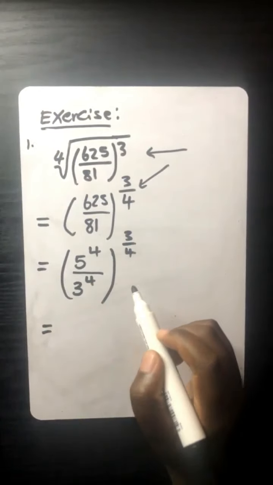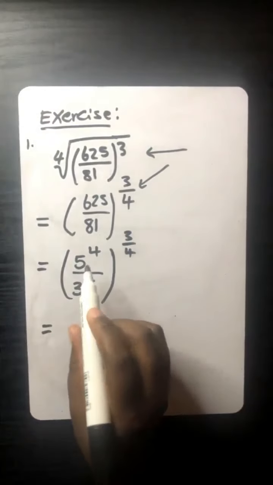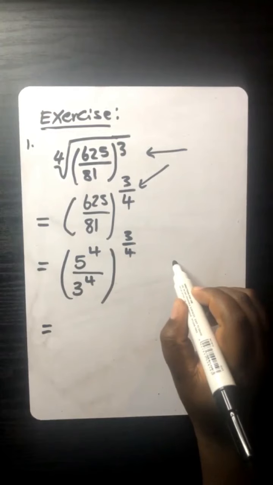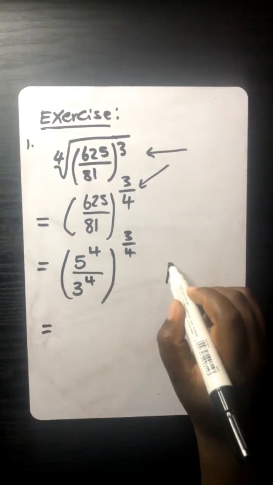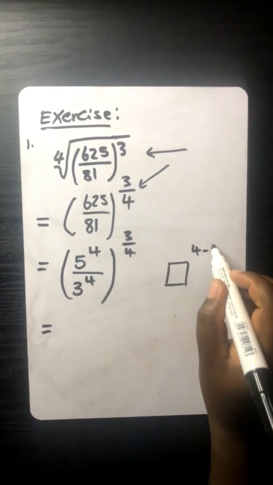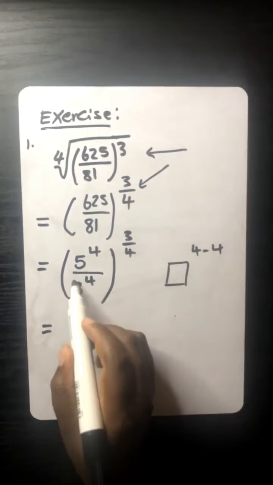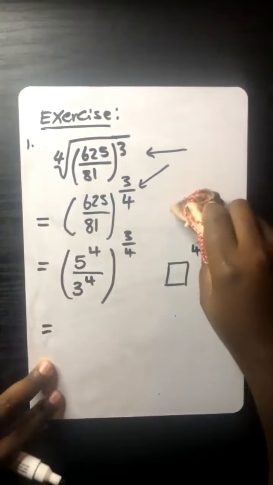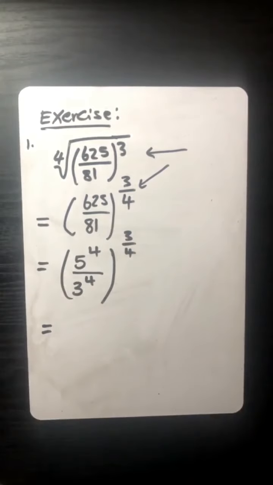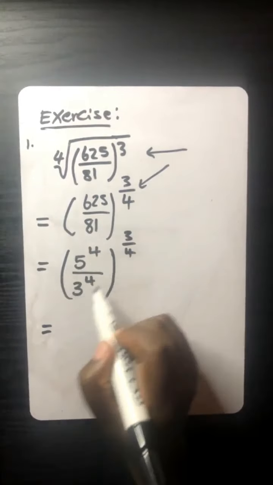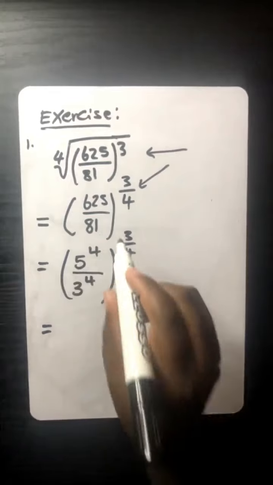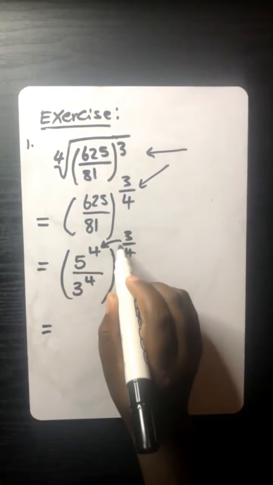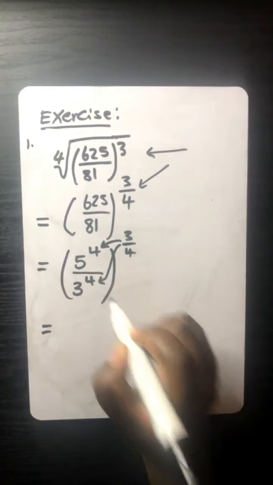I'm not sure if you remember, guys. Can you see, because the bases are not the same, you cannot say maybe whatever base, then you say 4 minus 4. It's because you have 3 there, you have 5 there. So you cannot apply the exponential rules there. But what you can do, you can multiply that exponent there, and you can multiply that exponent there.